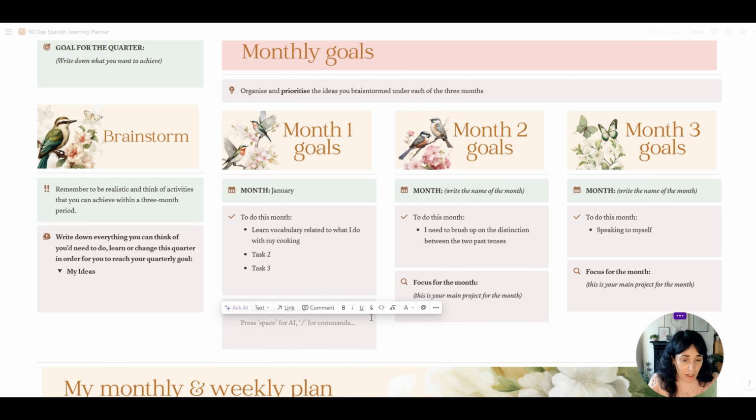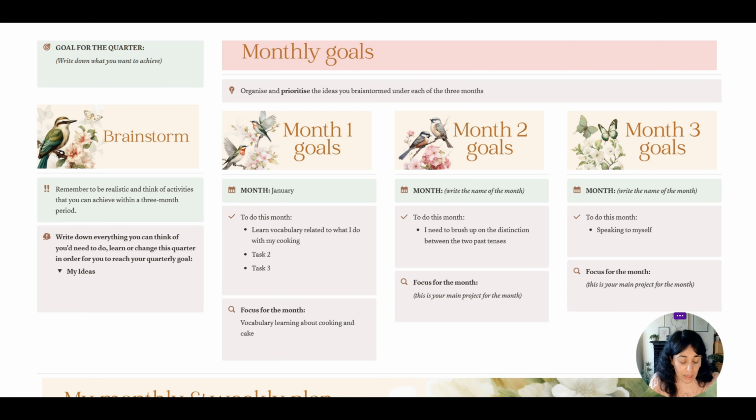So in this case it will be vocabulary learning about cooking and cake baking, cake decorating. Yeah. Okay, maybe I won't, because I said I will look for clients for my work. I want vocabulary to advertise what I do.